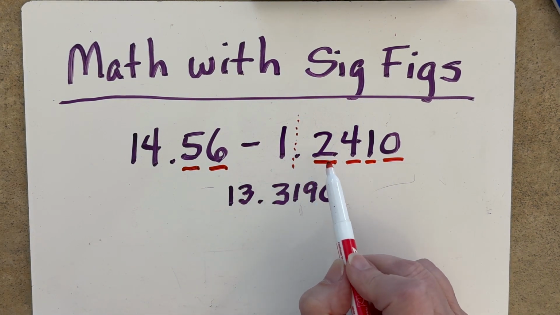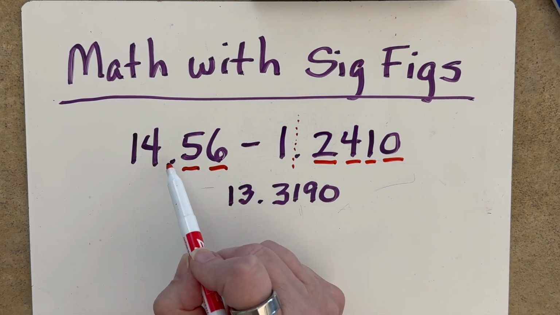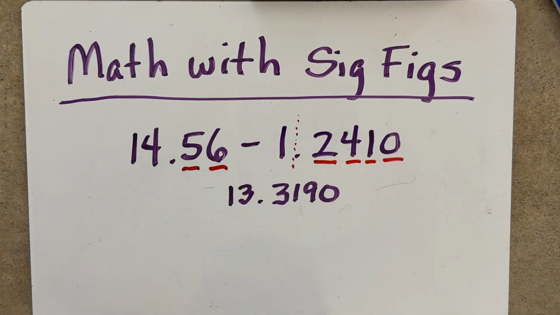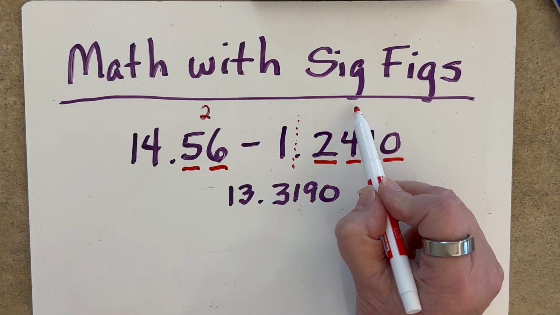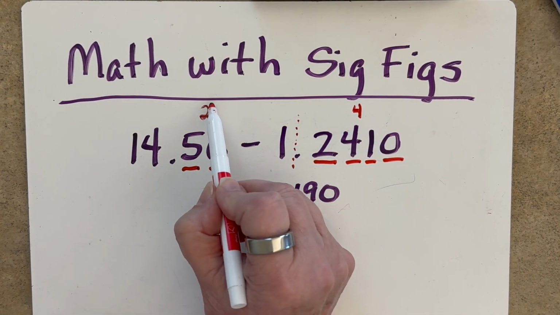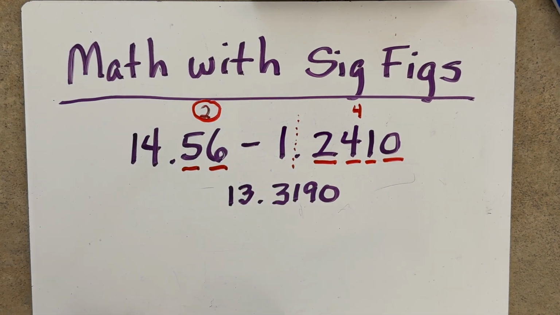Whichever one has the fewest determines how many we keep in the answer. So this one had 2 places, this one had 4 places, so our answer can only have 2 decimal places.